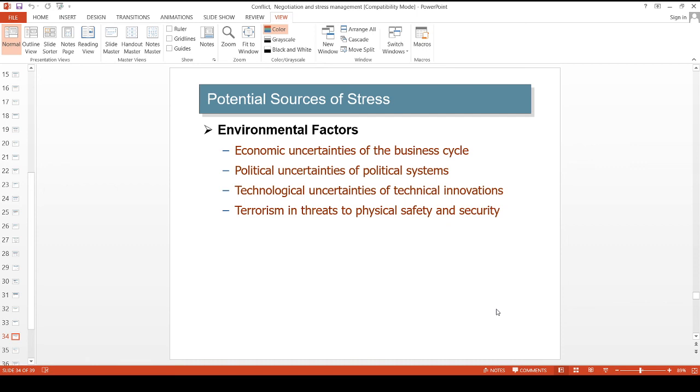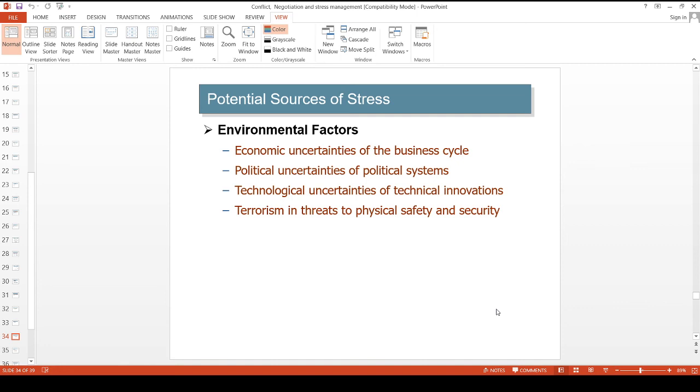Political uncertainties of the political systems. Usually we say that whenever there is political stability, there will be certainty and less stress. And whenever there is political instability, there will be uncertainty and more stress. Technological uncertainties, the uncertainties of technical innovations.